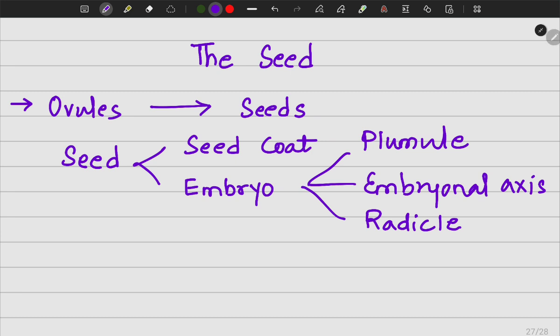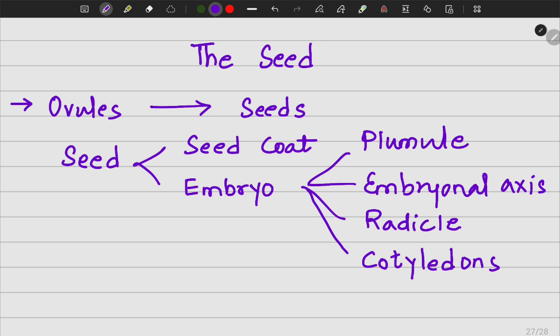And besides that, we will also find cotyledons in an embryo, and depending on the type of the plant, the seeds may be of two types: monocots and dicots.